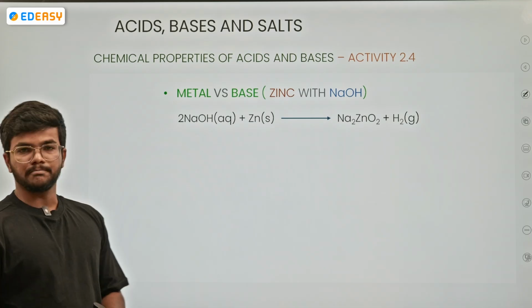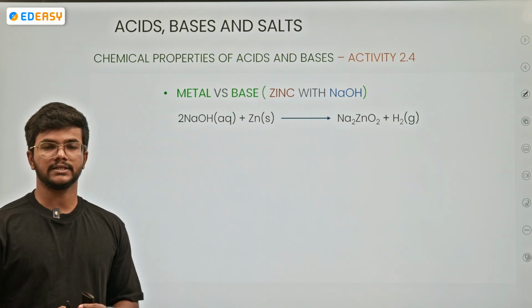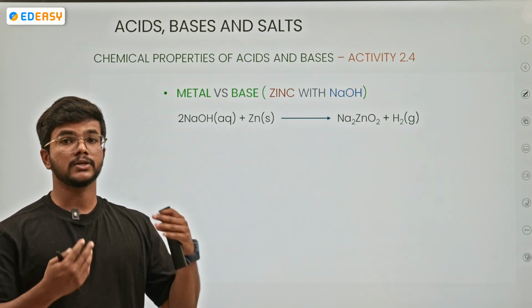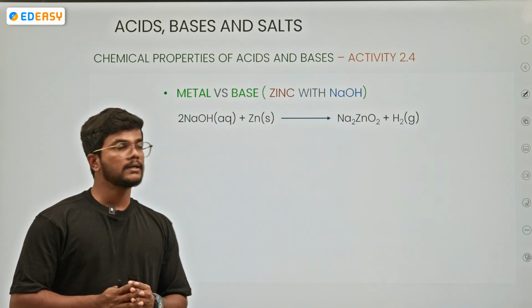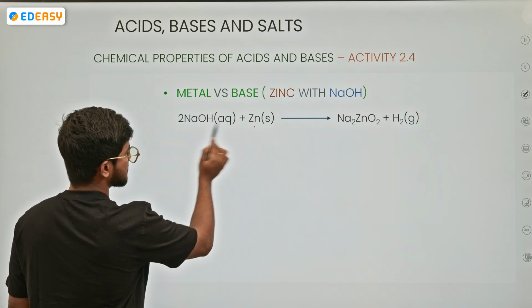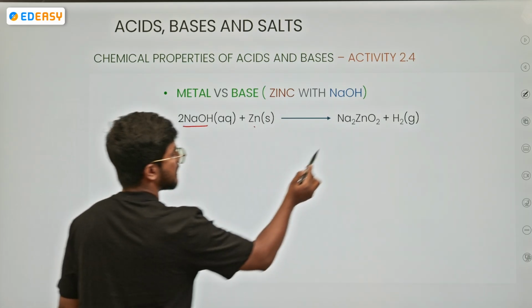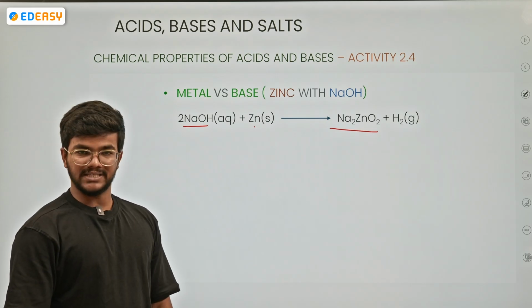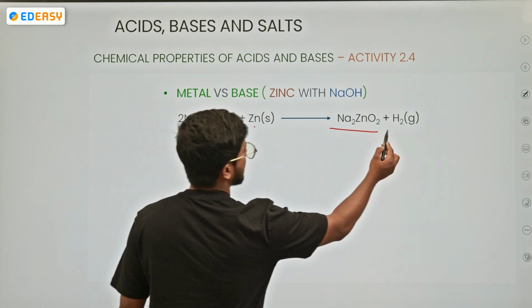Metal versus base. We just discussed metal with acid, so now metal with base. The metal is zinc. Zinc reacts with NaOH and gives Na2ZnO2, sodium zincate, plus hydrogen gas.